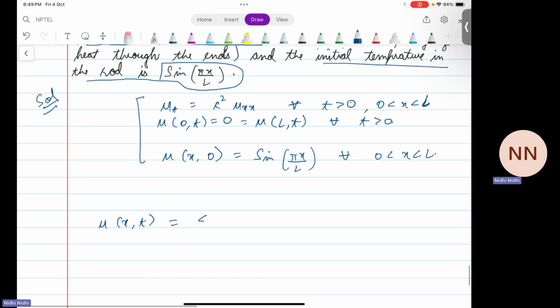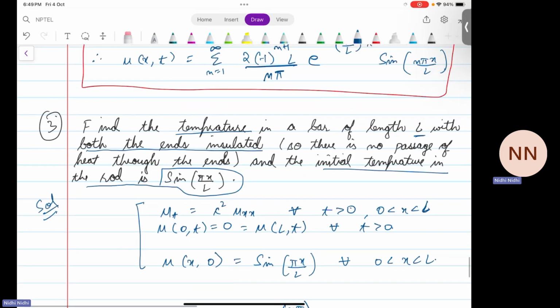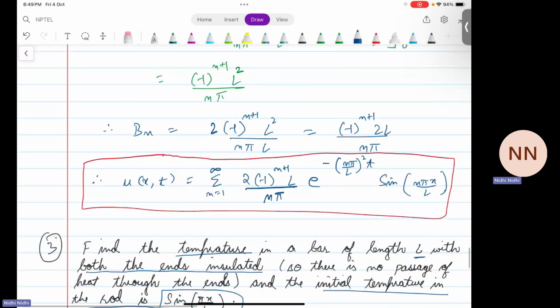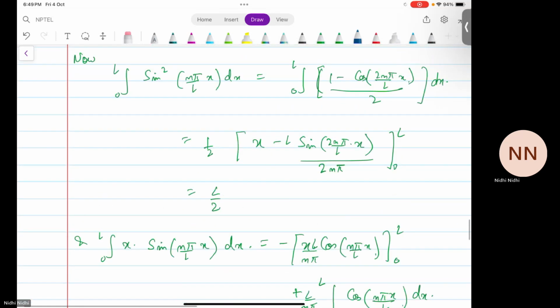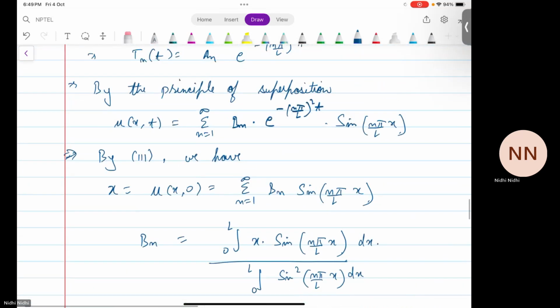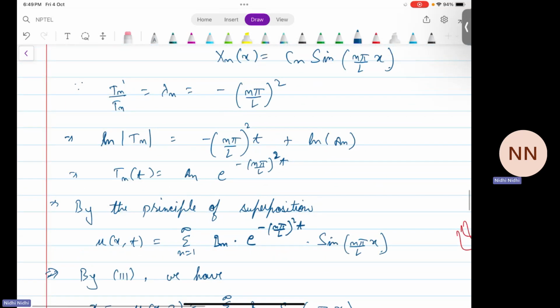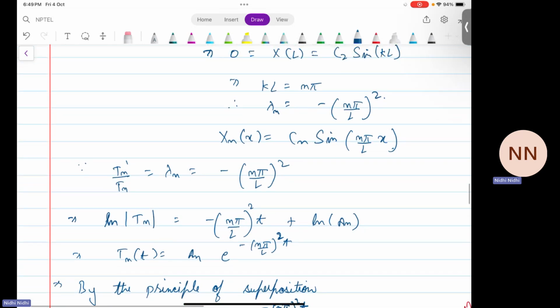u x t is equal to the summation n from 1 to infinity of some constant bn times e to the power minus n pi by L. Oh, we will have c as well. No? So in the previous question, I think I left something.